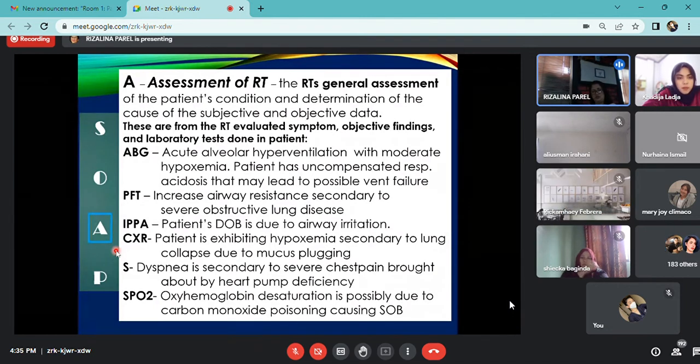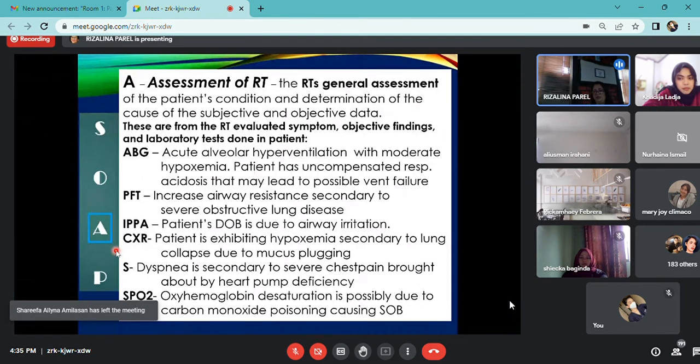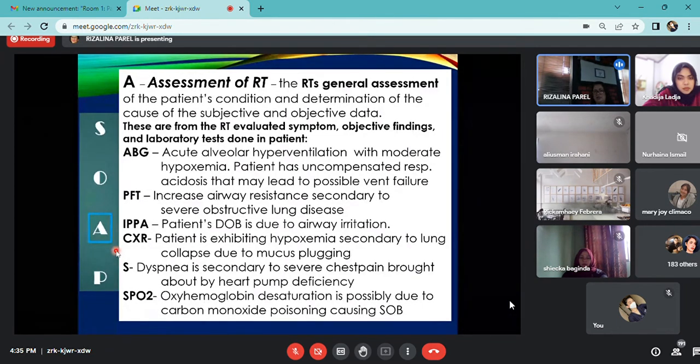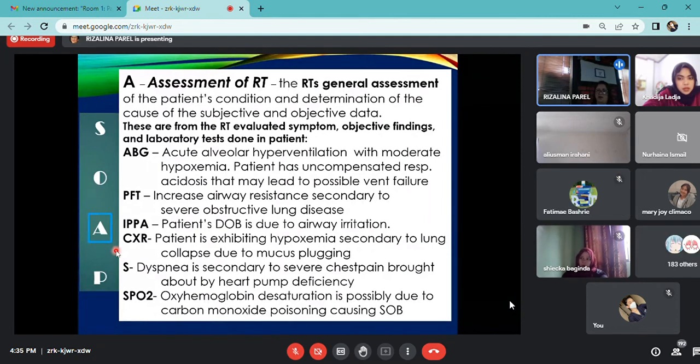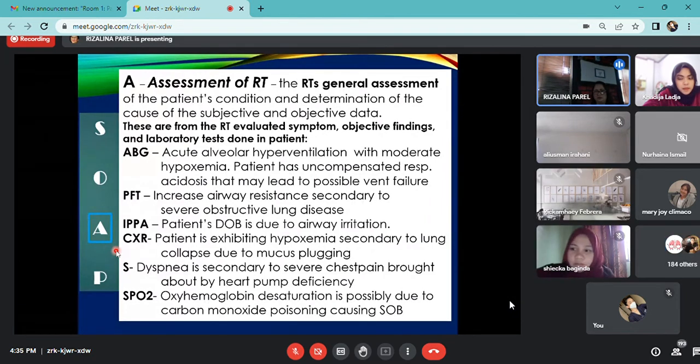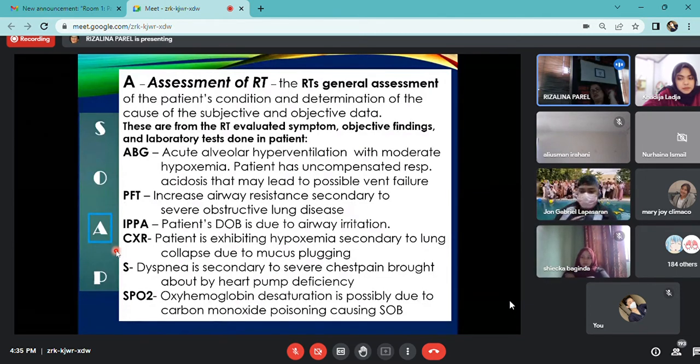So by ABG, nakita natin na ang patient natin ay nagre-respiratory alkalosis. Okay? So, pwede sudden yon, and then patient has uncompensated respiratory acidosis kaya. That may lead to possible ventilatory failure. So, yan yung sample natin ng assessment ng RT.